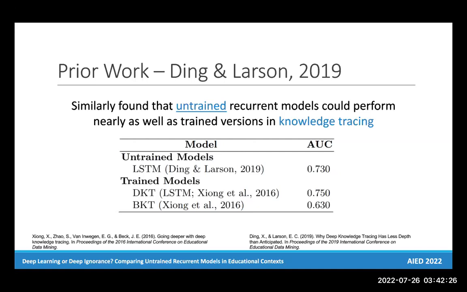So actually, the untrained LSTM here is doing better than Bayesian knowledge tracing, which was utilized for decades and has been a model of comparison for a long time.